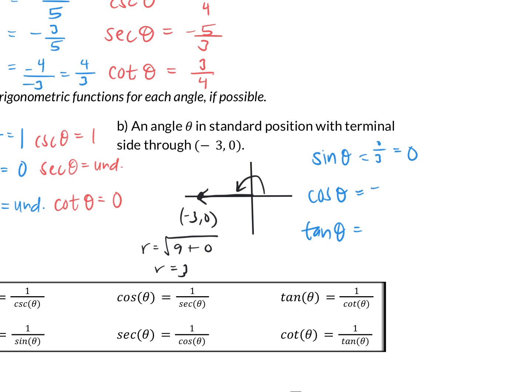So that's going to be -3 over 3, which is -1. And then tangent would be my sine value over my cosine value. Or technically, your y value over your x value. So this is the same thing as 0 over -3, which still gives me 0, right?